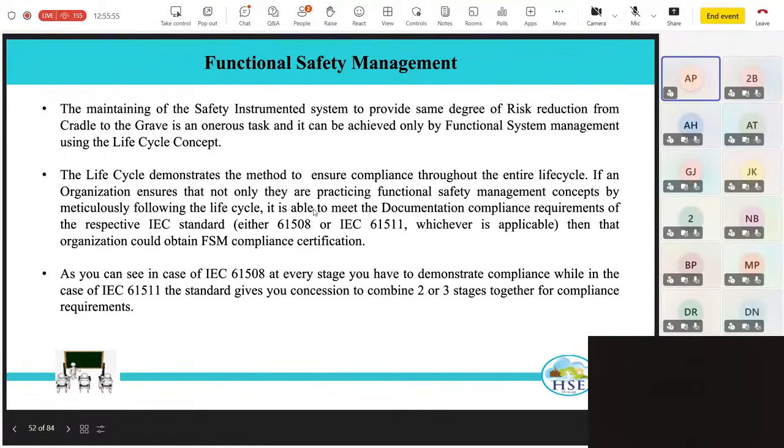If an organization ensures that they are practicing functional safety management by meticulously following the life cycle, and is able to meet the documentation compliance requirements of the respective IEC standard, either 61508 or 61511, whichever is applicable, then that organization could obtain an FSM compliance certificate. This is very important: self-certification in functional safety management is not possible.